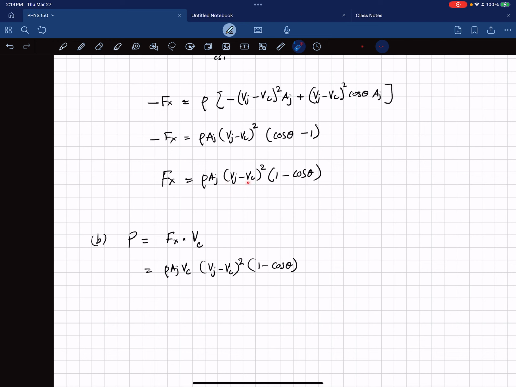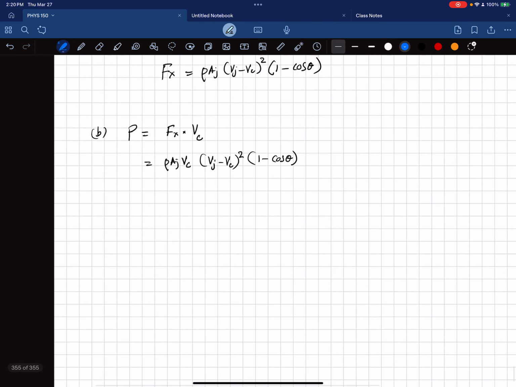If the cart velocity is anything higher than 0, this whole term reduces, because if Vc is any positive value, then Vj minus Vc is less than Vj. So the force Fx is maximum when Vc is 0. That means the cart is stationary, at rest or fixed.